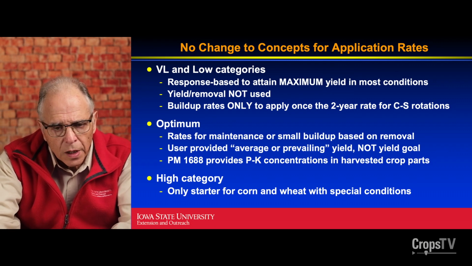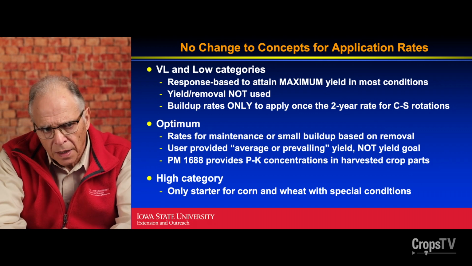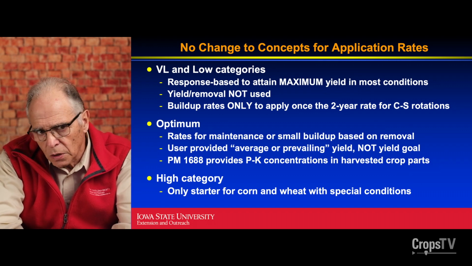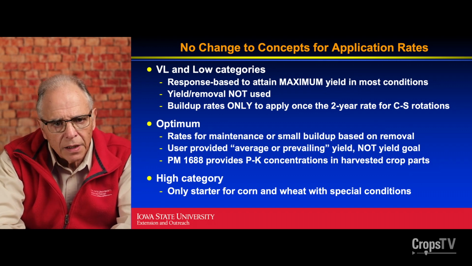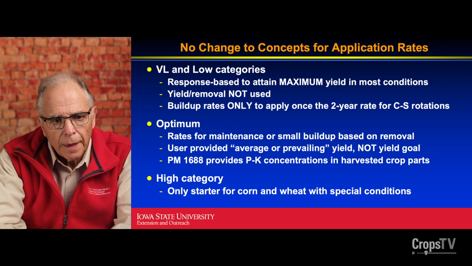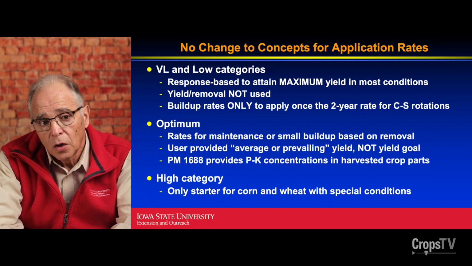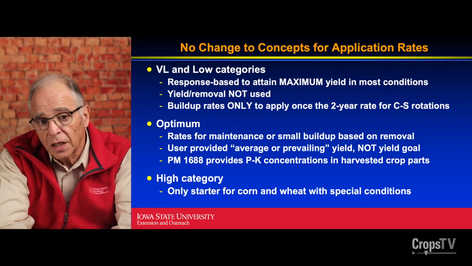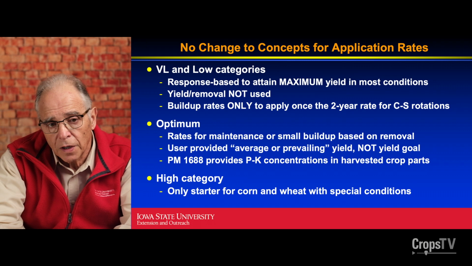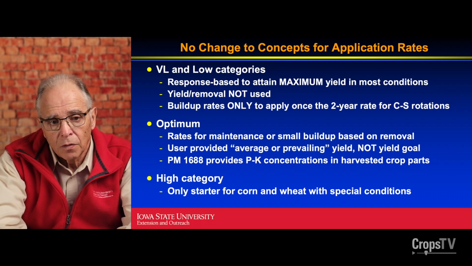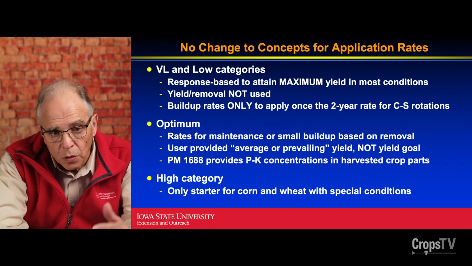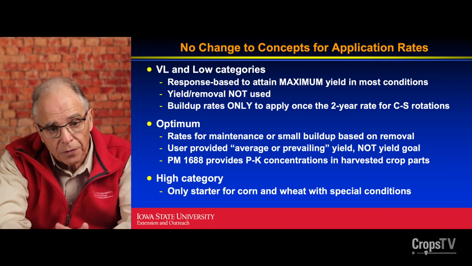You need to look at 3-4 years. And I've talked about this before. I have shown lots of trends over time. There is a very good relationship between removal with harvest and soil test P or K over 3, 4, 5 years. Not very good from year to year. So farmers should not overreact to 1 year with very high or very low removal, things like that.